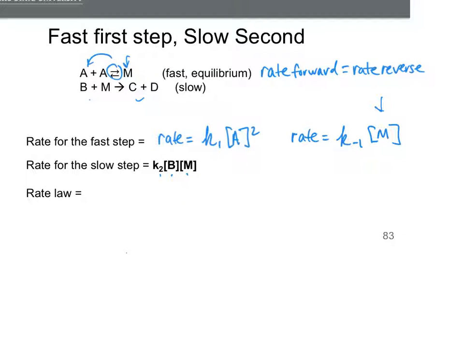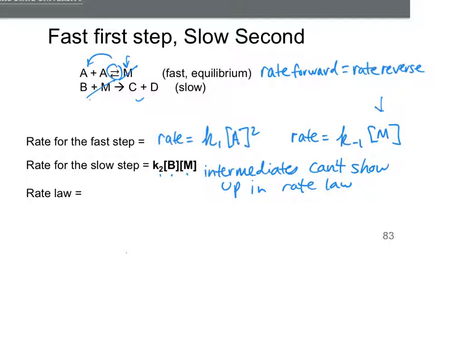So intermediates can't show up in the rate law. So when you see a reaction mechanism with a fast first step and a slow second step, you're going to find that an intermediate is going to show up in the rate law derived for that slow step. Okay? So there's a workaround for that.